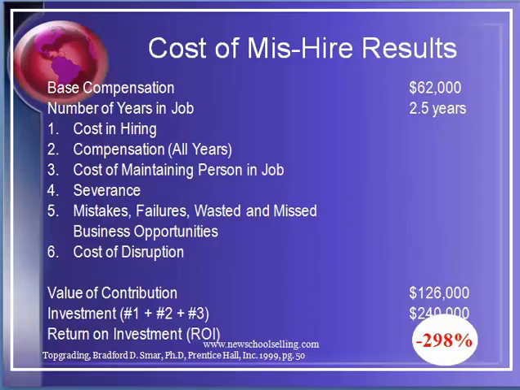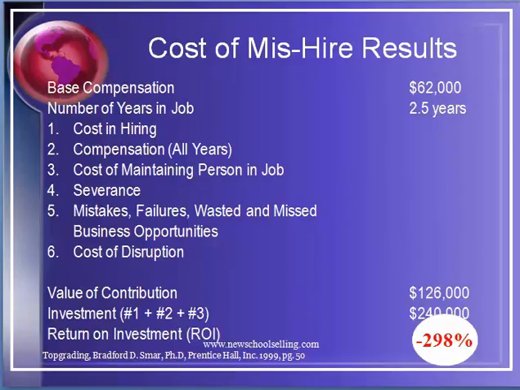The glaring one that's hard to cost out is all the mistakes, the failures, the wasted and missed business opportunities, the sales they don't make, and the business they cost you because of the way they screw up the marketplace for you and alienate and offend either prospects or clients.